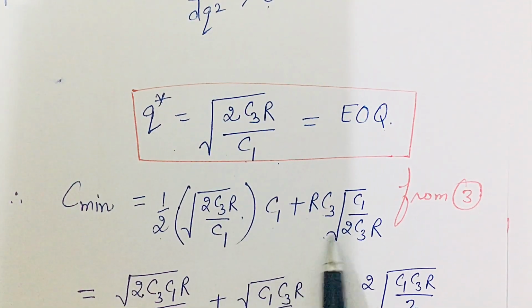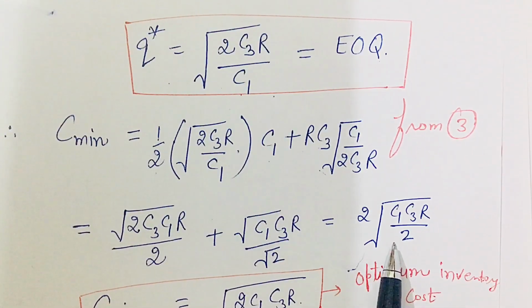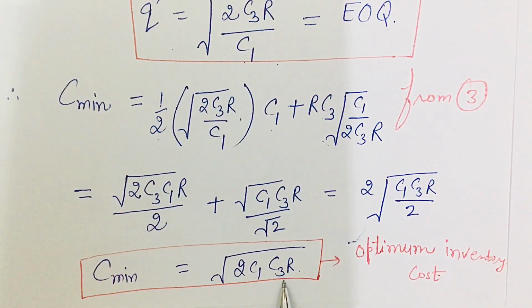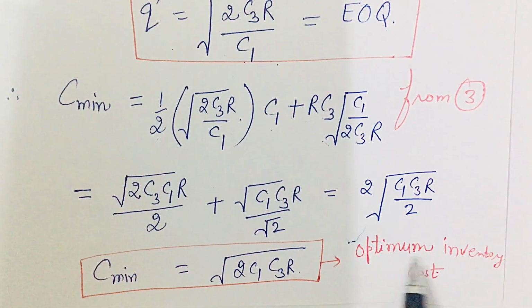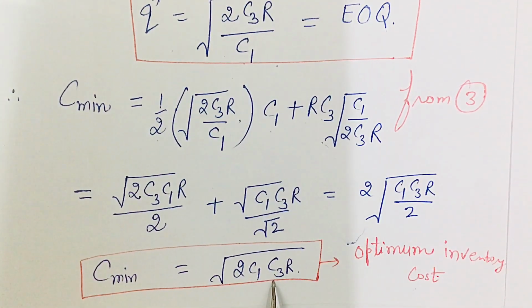Now, by adding these two terms, it's simple mathematics, you will get this formula. It means your C minimum is equal to this one. This is called the optimum inventory cost. You have to remember these two formulas for the numerical purpose.